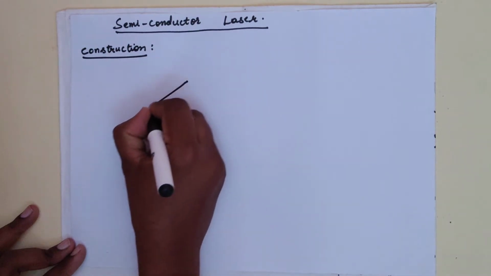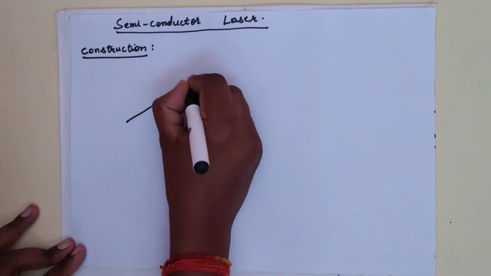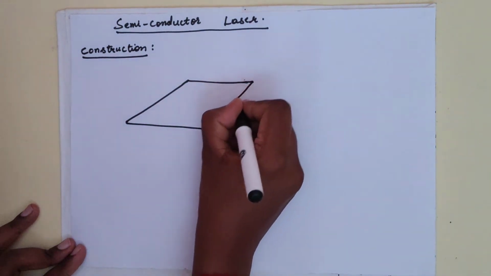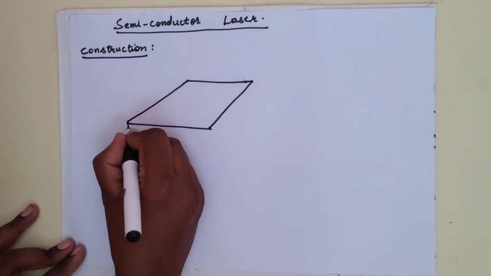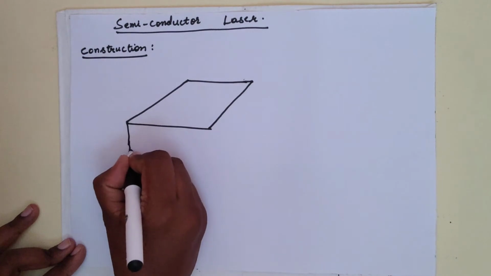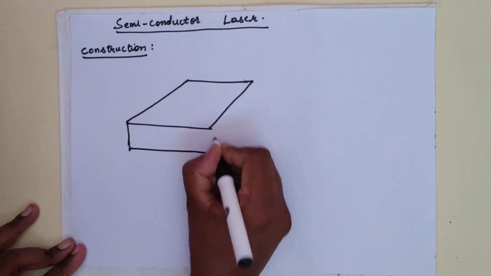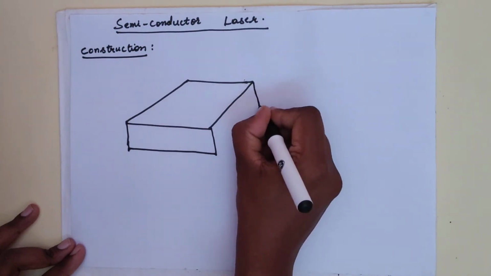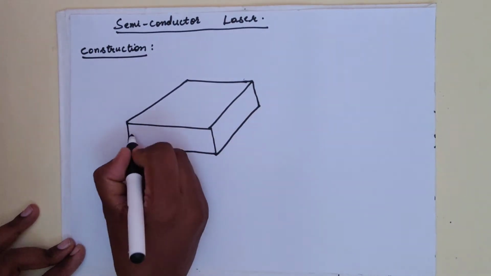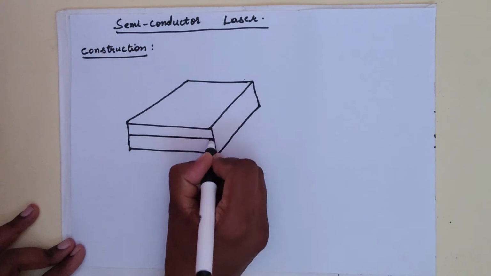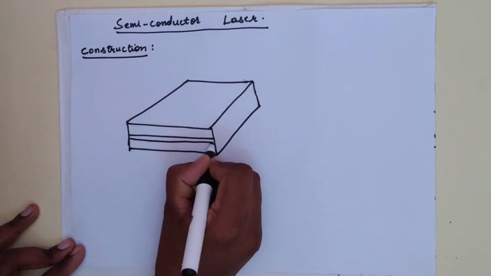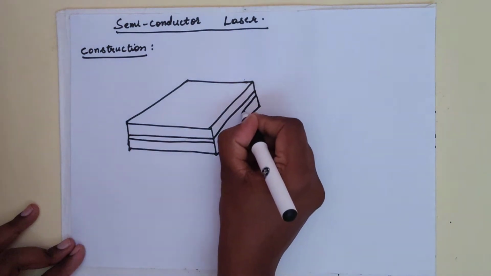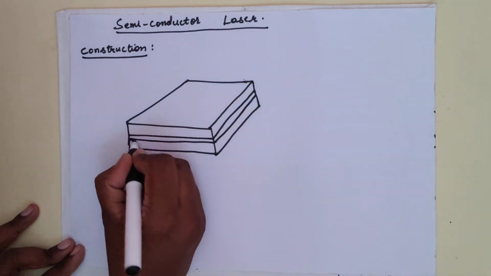So we can write a simple diagram which resembles our semiconductor diode. The construction of semiconductor laser is the same as the construction of our semiconductor diode, except that the doping concentration is varied and the materials used are different.